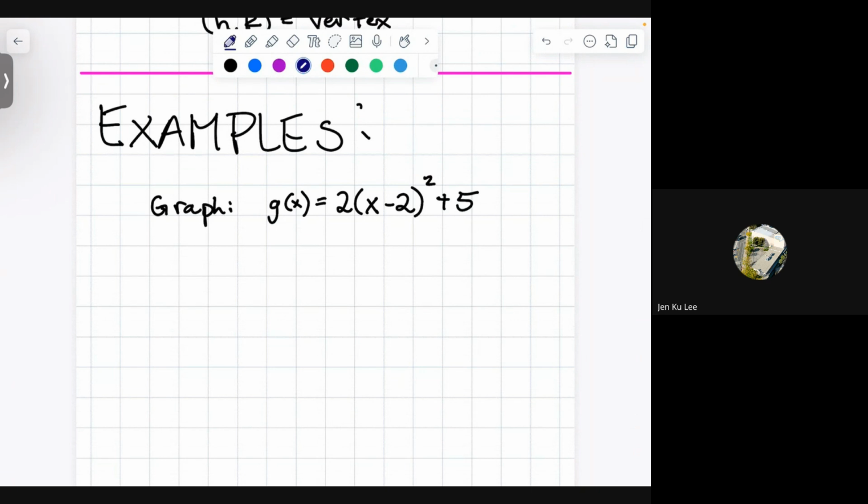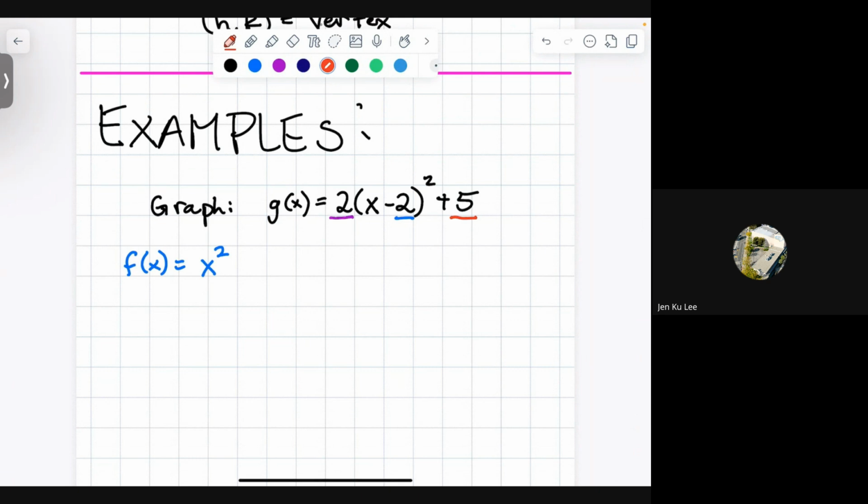That will be the video. We're going to graph this. Remember that my parent function is f of x equals x squared, and we're going to go through the steps again. From here, I know that this 2 is different, this 2 is different, and this 5 is different, so they all represent transformations.